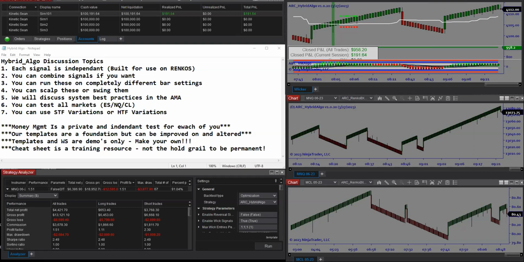Those are the three most predominantly traded, for those of you that are futures traders, right? If you're a stock trader, well, then that wouldn't matter, right? This is an AMA on the hybrid algo. Majority of you are futures traders in here, but we'll get into the stock trading stuff after. Different event.